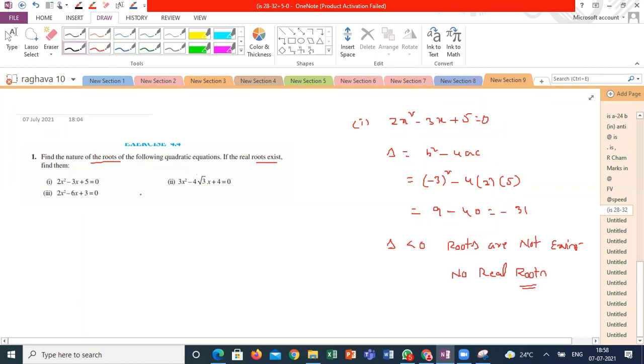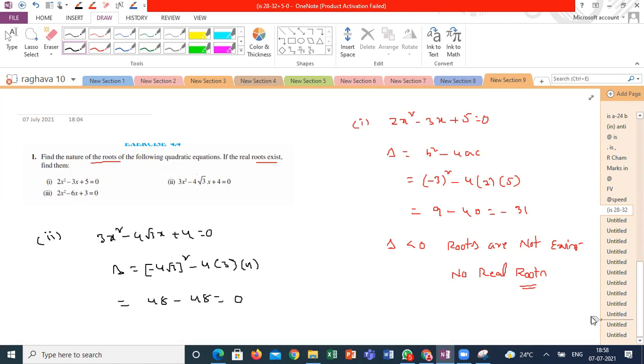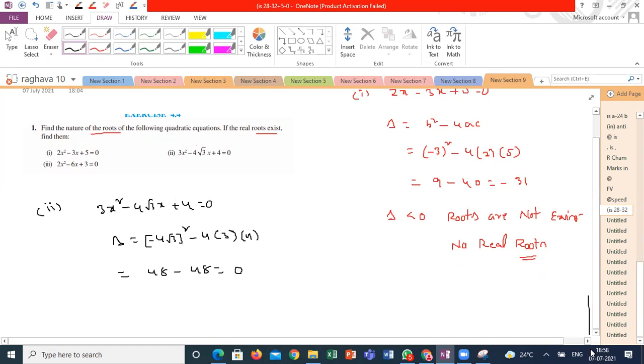Got it? How to answer? Students, are you there? Yes, sir. Same kind of answer or any different words? Here also delta, b square minus 4ac. 48 minus 48 is equal to 0. So do roots exist or not for the second question?